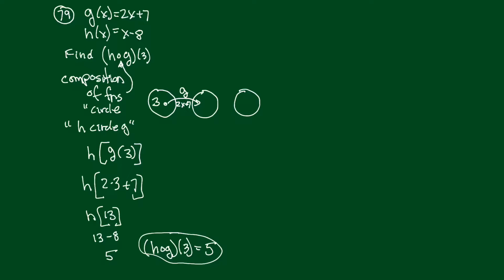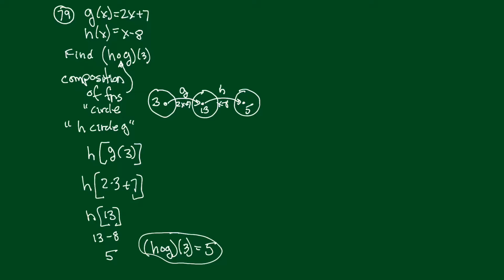If I put the 3 into 2x plus 7, I end up with a 13. Now I take that 13, which was an output, use it as an input, and put it into h, which is just x minus 8. That gave me the 5.